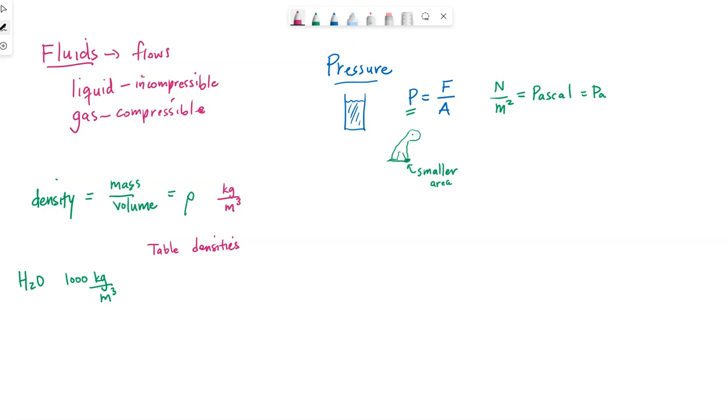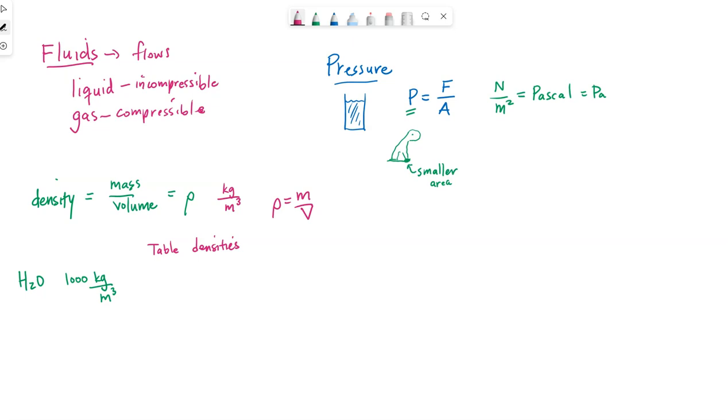Water has a specific density, lead has a specific density, aluminum has a specific density. And we can use that density to relate to mass and volume. But when we talk about fluids, we're typically talking in terms of densities as opposed to masses.